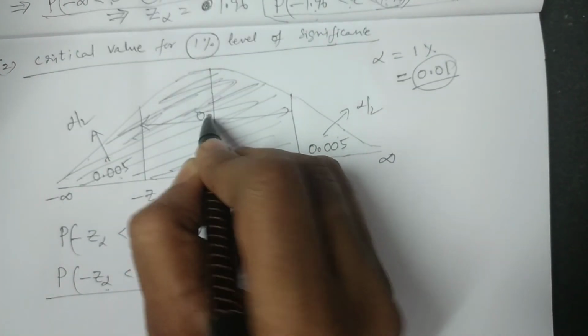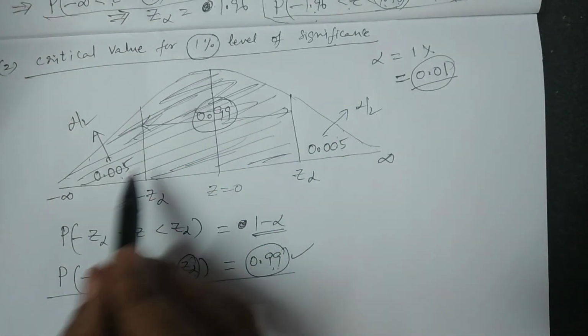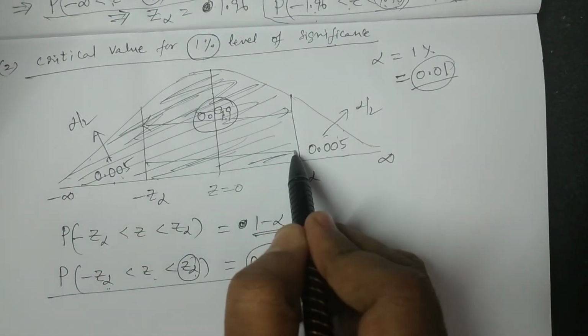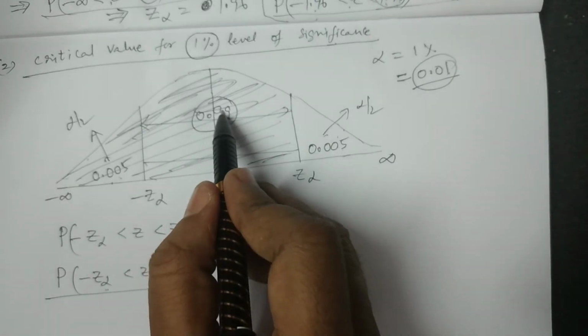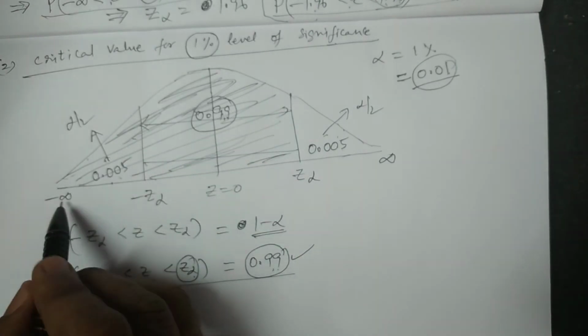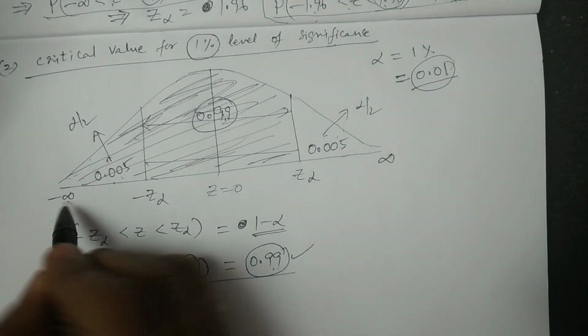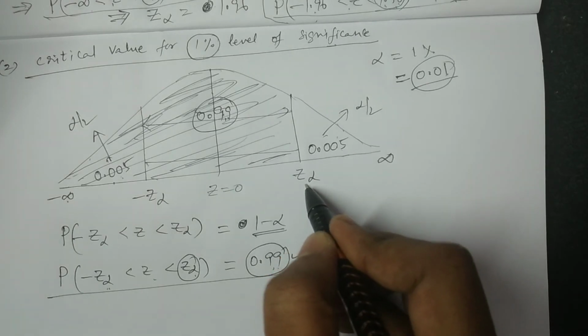This is 0.99, the area, plus this 0.99, that is here to here it is 0.99. This plus this particular area, because normal distribution tables are constructed only from minus infinity to plus Z, that is plus Z alpha.